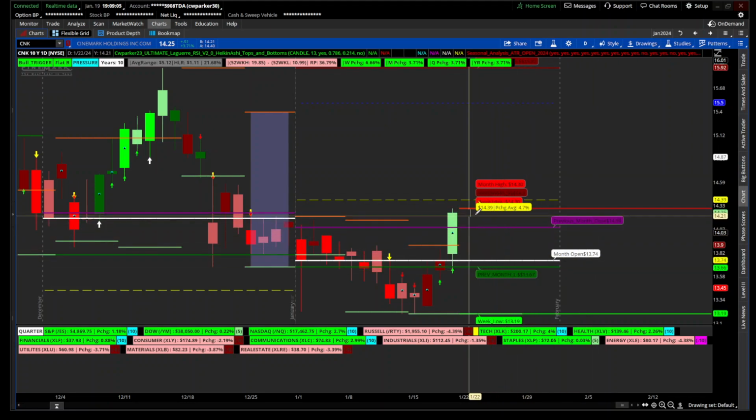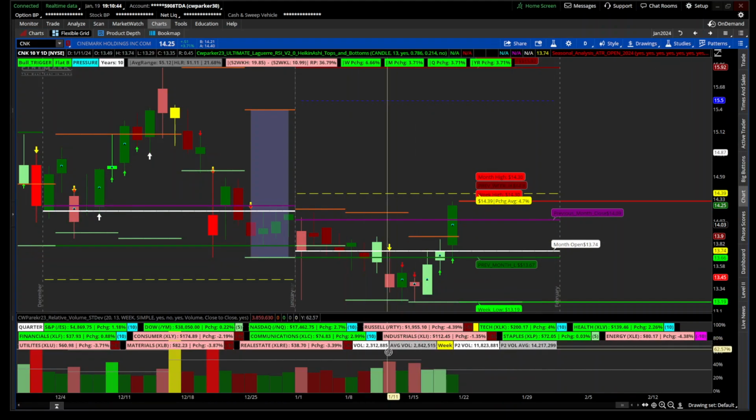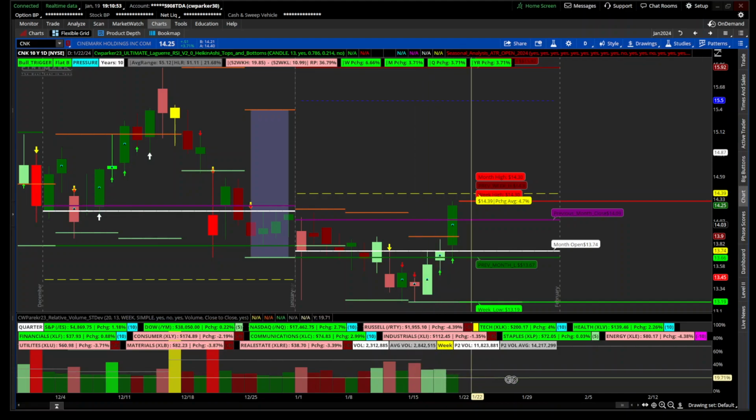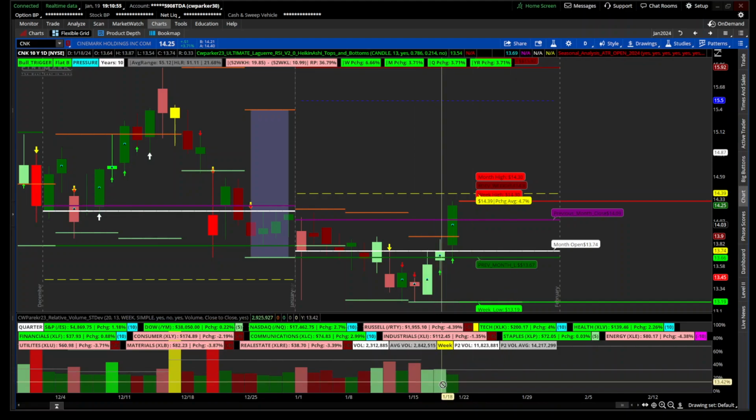So I've got an issue with this and my labels. For the most part, I did add my volume labels, and we can see there's an issue. There's not a lot of volume and relative volume being traded here at these levels.